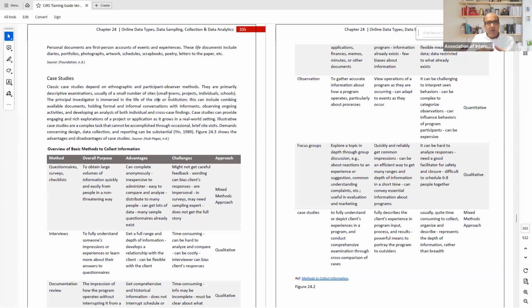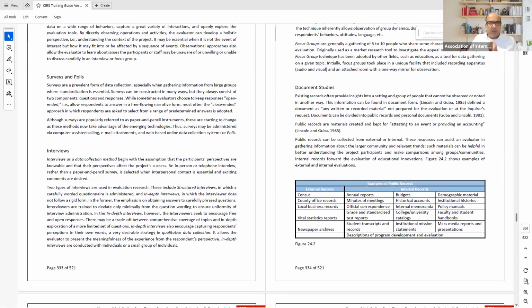So this happens over time, and you basically immerse yourself in that study. That's the five or six different ways in which we collect information.